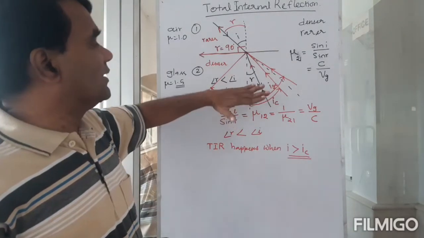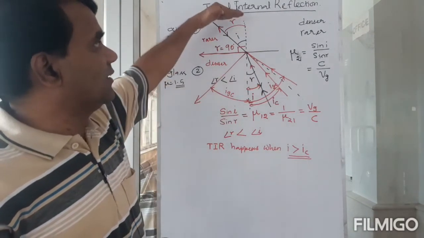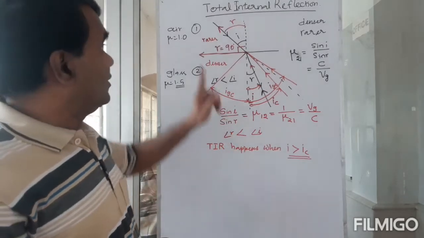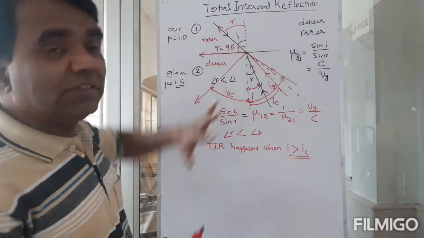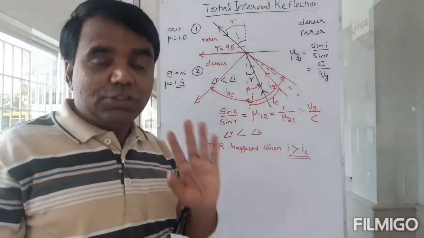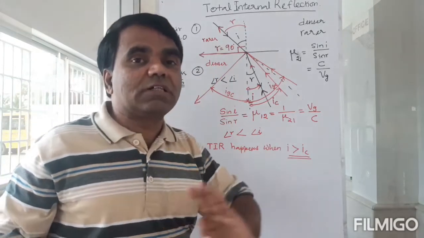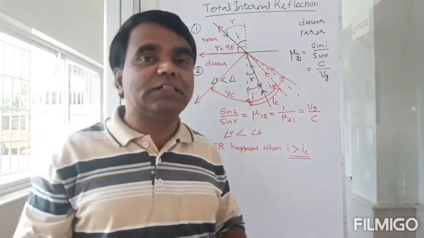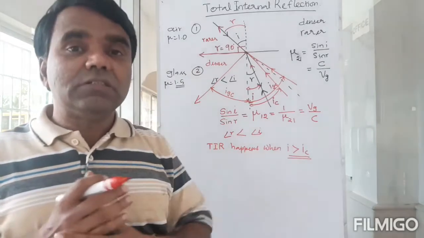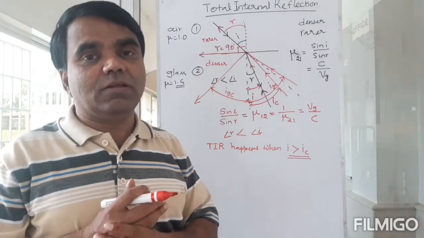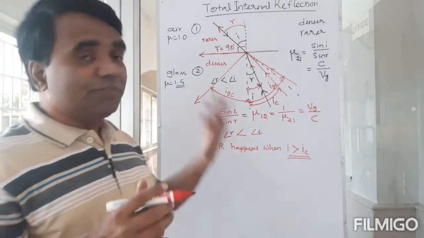So why does it happen in this case and why does it not happen in the other case? Well, when light travels from the rarer medium to the denser medium, this will not happen at all. Total internal reflection will not happen when light travels from a rarer medium to a denser medium. Why? Because we saw it.